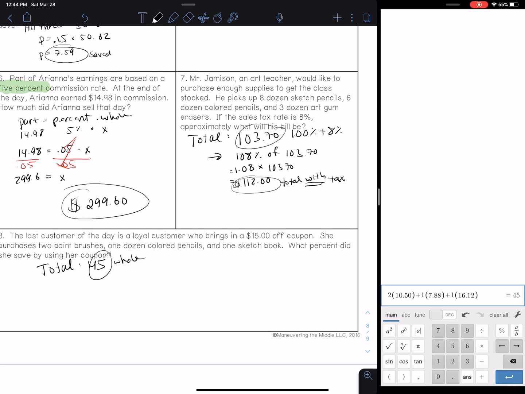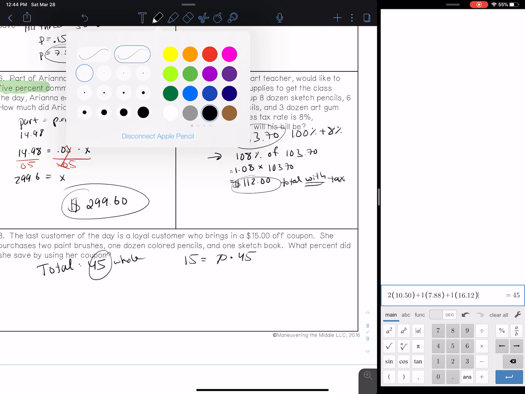So the $15, which is the part, equals the percentage, I'm going to call it P, out of the whole. And how much was the whole? The total was $45. Solve for P.